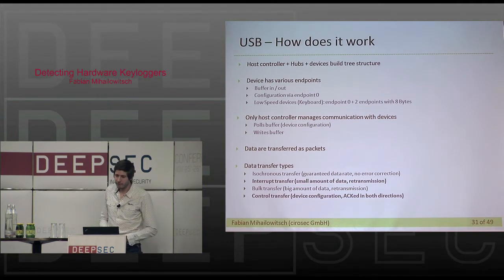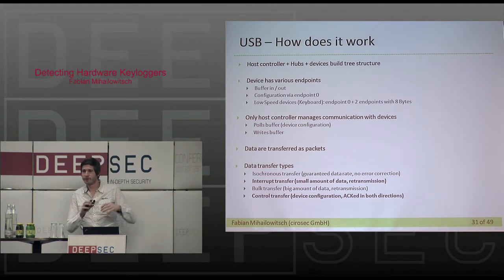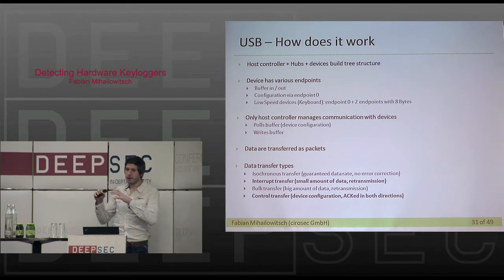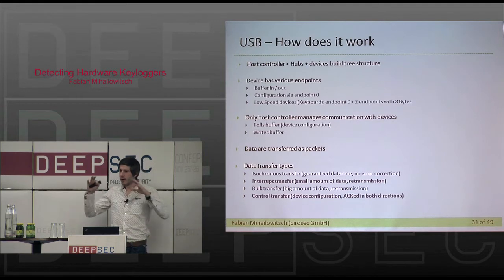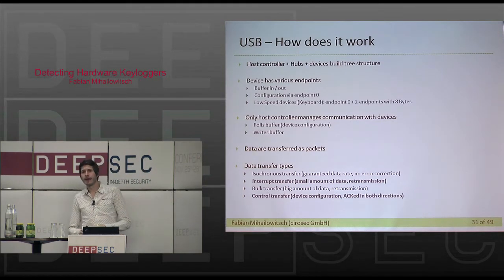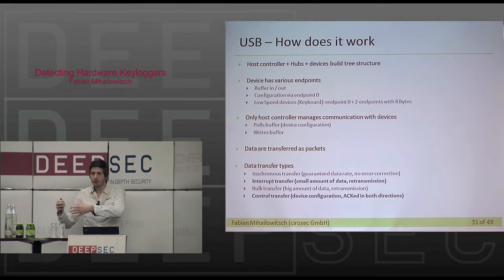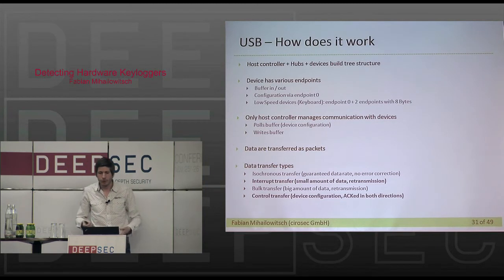For USB, you have a host controller, you have hubs which are plugged to that host controller. Down to the hubs, you have certain devices, and so you create a tree structure. Each device has various endpoints in return. An endpoint basically is just like a buffer. You can imagine you have an input buffer or an output buffer, and that's basically just what an endpoint is.